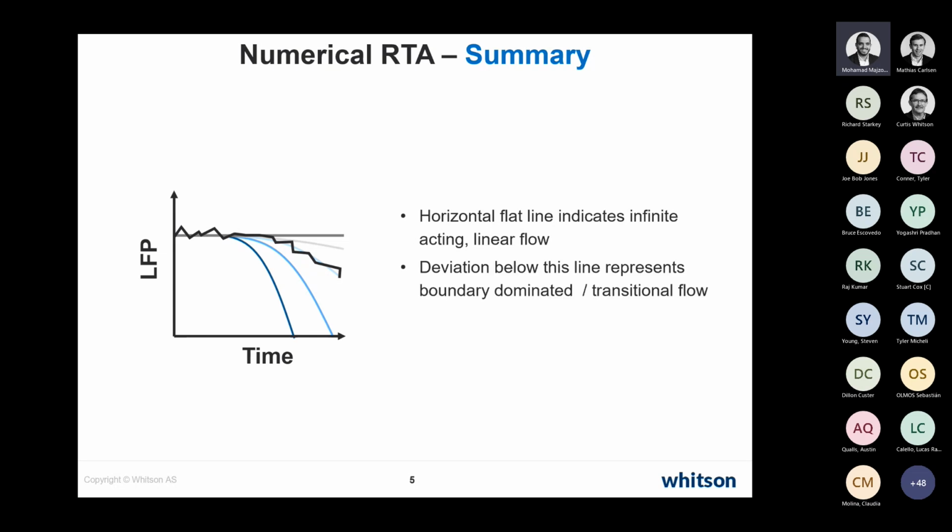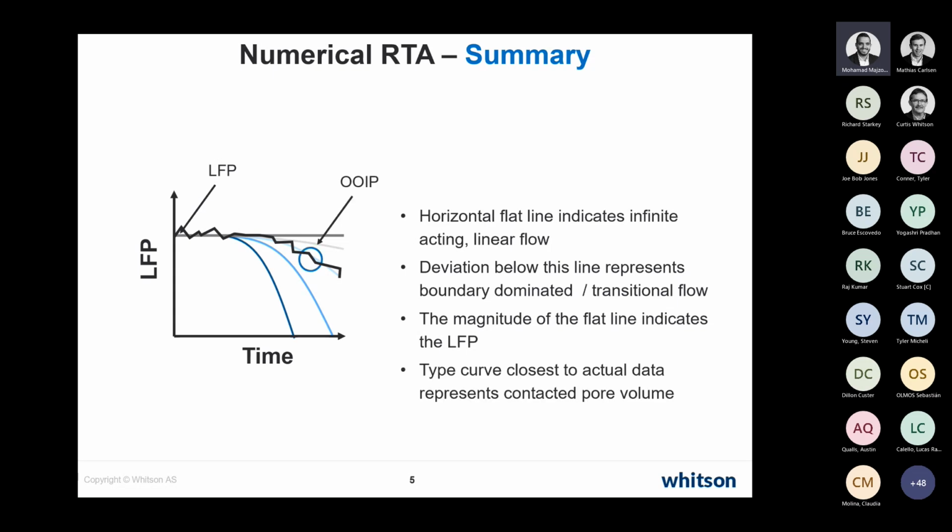If we deviate below that line, that represents boundary dominated flow. The value at which the flat line lies is your LFP, your linear flow parameter, and the type curve that matches your production data the best is your OIP or your OGIP, your gas in place or oil in place.